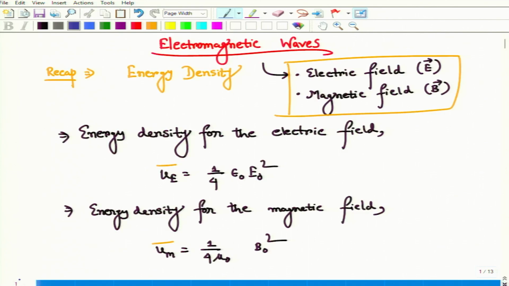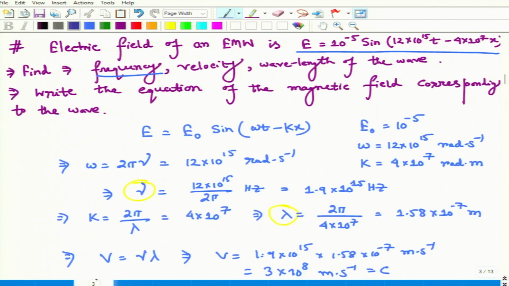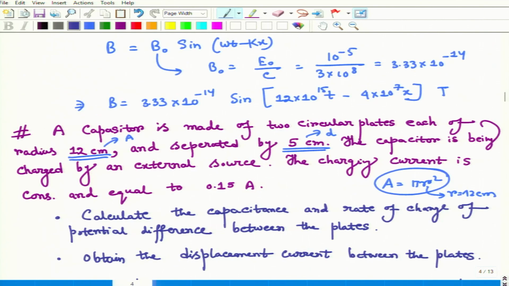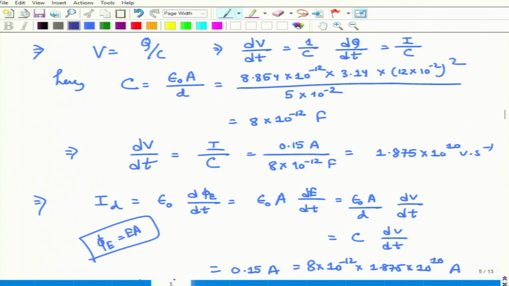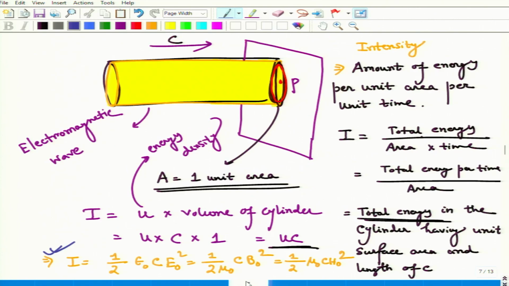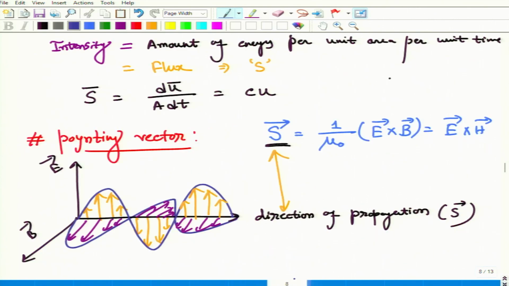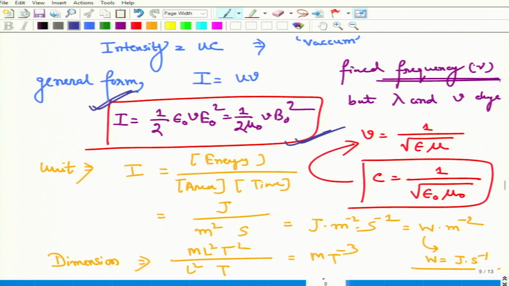Probably I told before, this is Weber, right? Not here. Yeah, it is correct. This is not Weber, this is obviously watt.